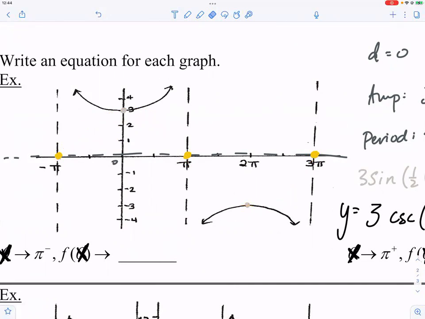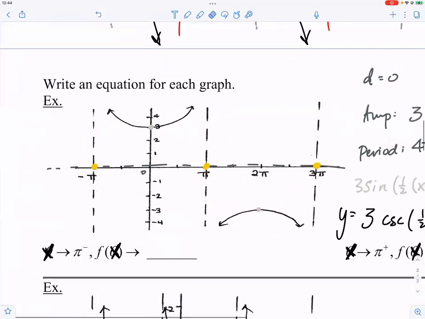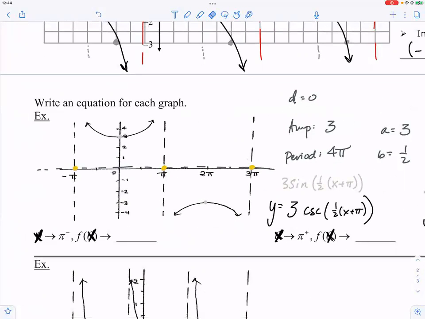As x approaches pi from the left, where is the function going? And then as x goes to pi from the right, where is the function going?